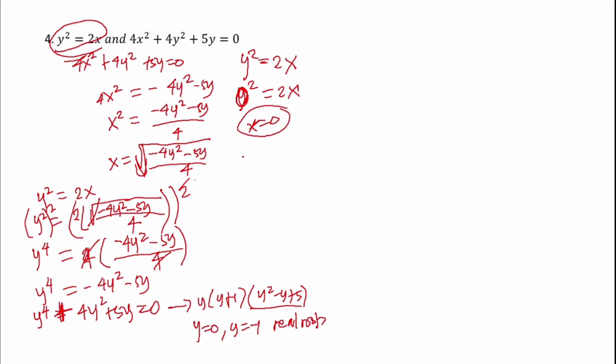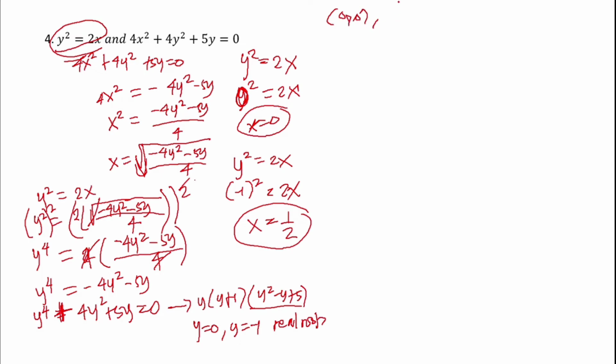Next, y squared is equal to 2x. When y is negative 1, negative 1 squared is 2x, so x is equal to 1 half. So the points here are 0, 0, and 1 half, negative 1. Okay, these are the points that we're going to make use of.